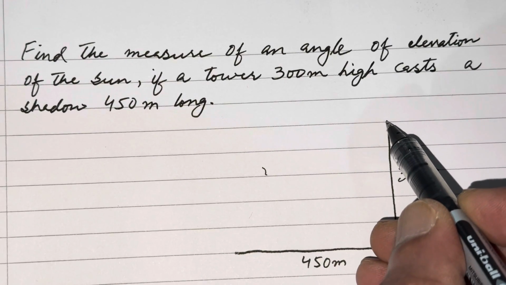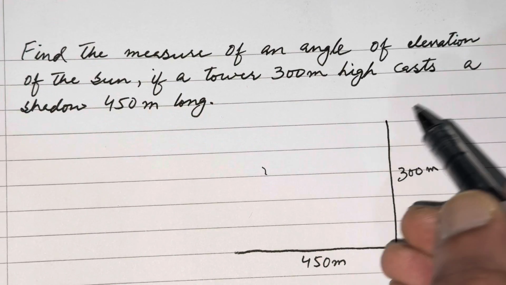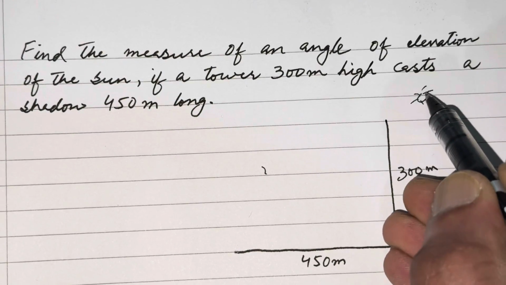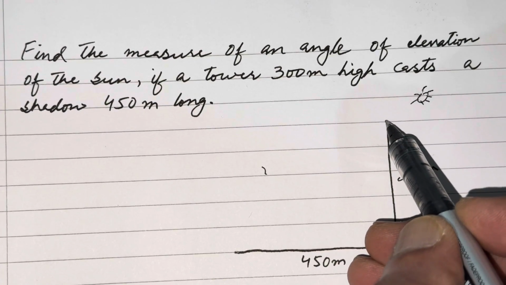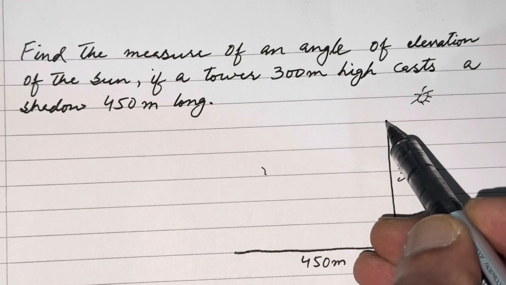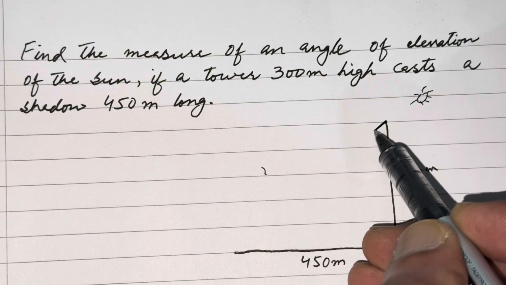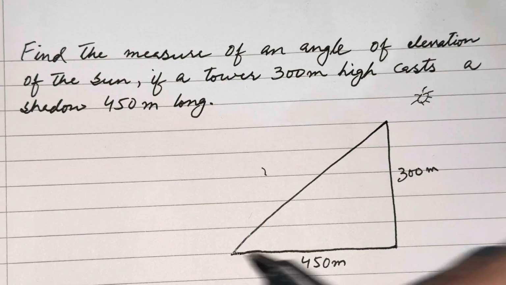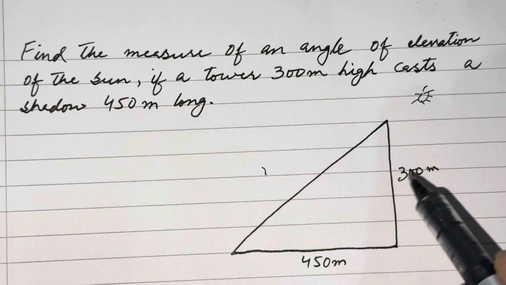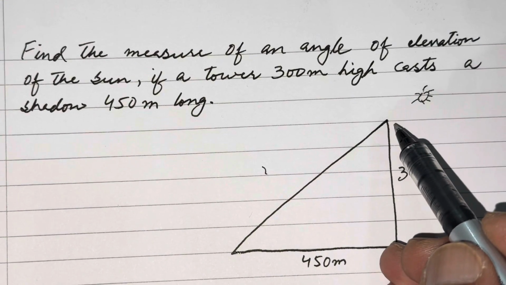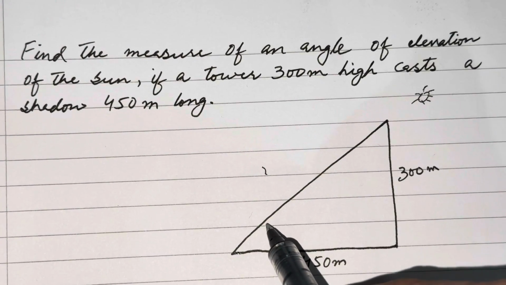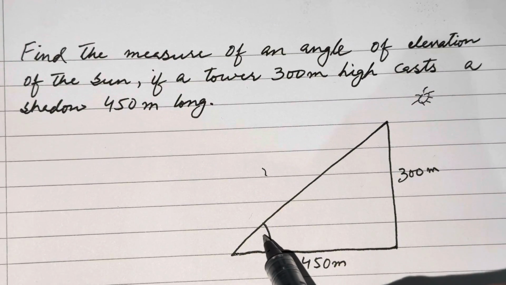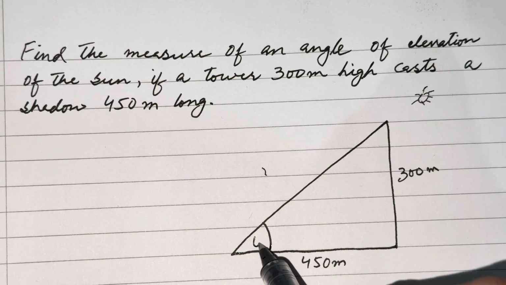So for the angle of elevation of the sun, suppose the sun is over there at some place, and from the top of the tower we draw a line to join that point. We have to find the angle of elevation, which we call theta.